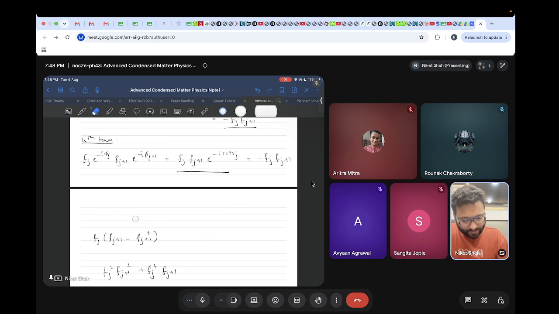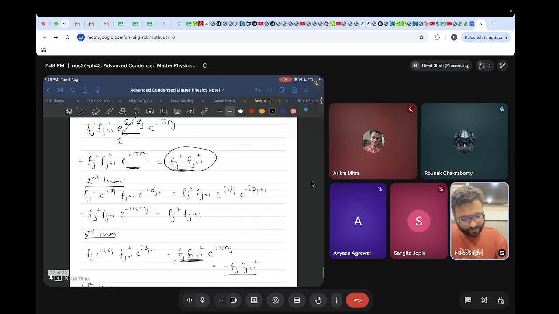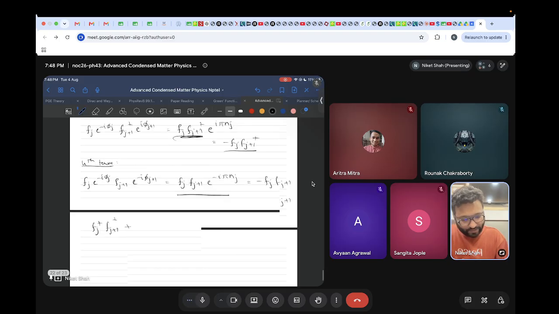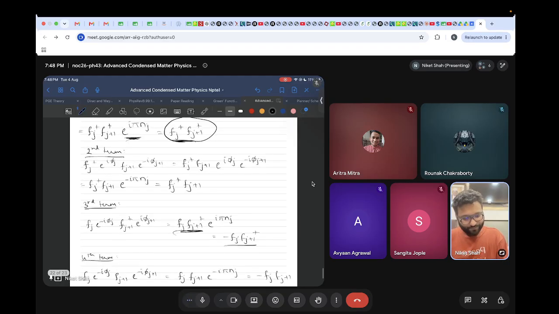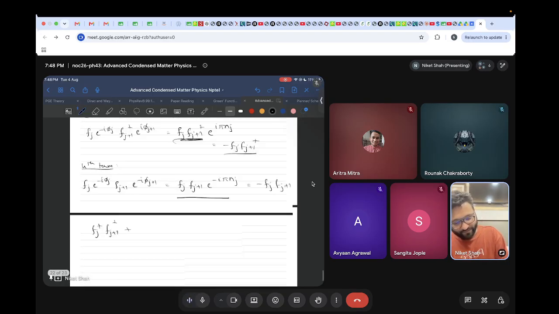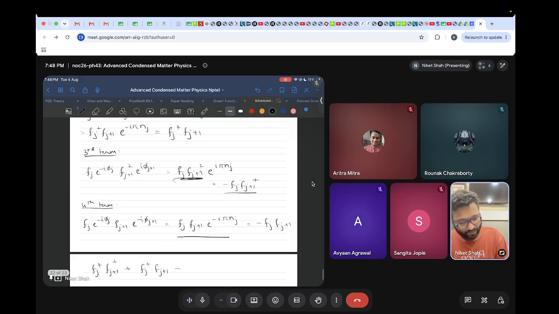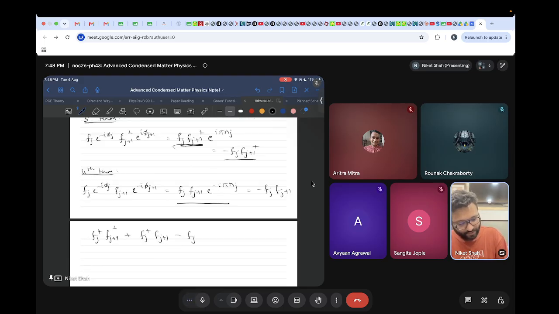I don't need to take cases. I simply have 4 terms like this. First term is fj dagger, fj plus 1 dagger. Second term is fj dagger, fj plus 1, minus the third term is fj, fj plus 1 dagger, and the fourth term is fj, fj plus 1.